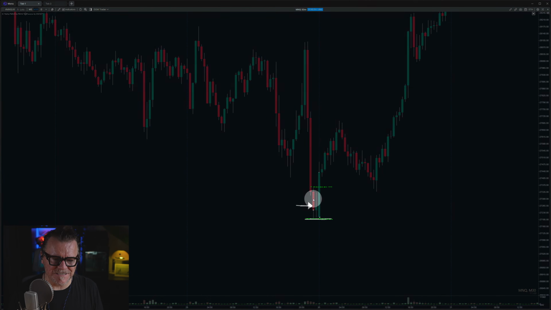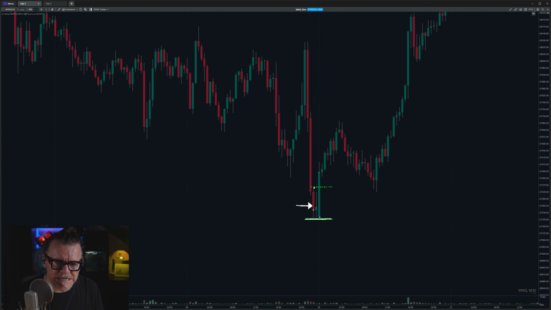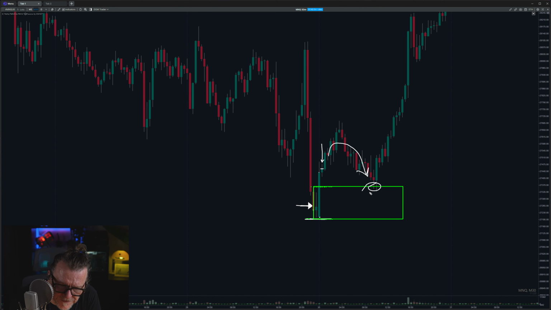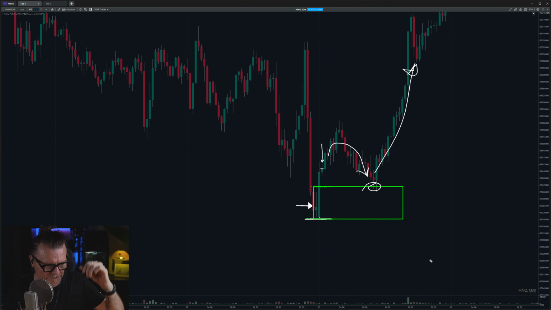So this red candle turned into a real valid support order block at the moment of the closing of this candle. Because this candle is outside the range. So at the closing of this candle, it became a valid order block, and I can wait for the pullback and trade it. Look at that. What a nice example. So that is the logic at the support side.